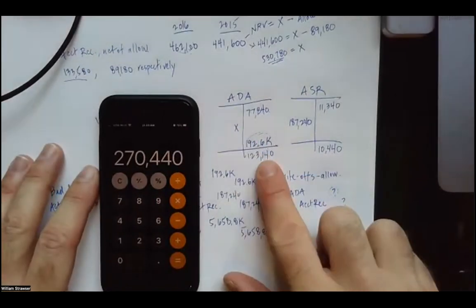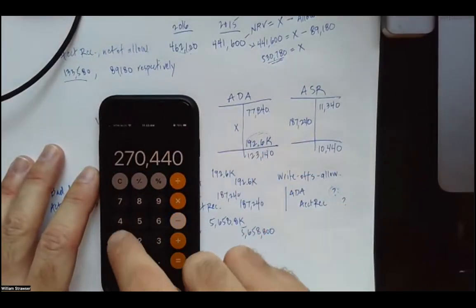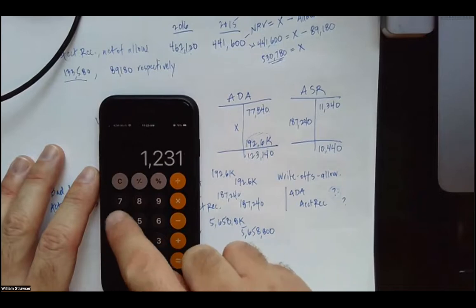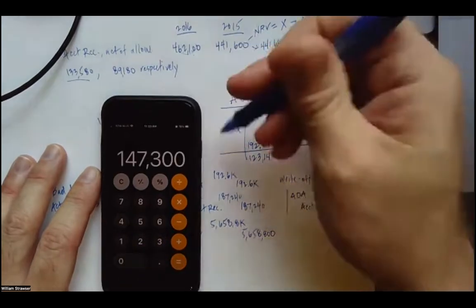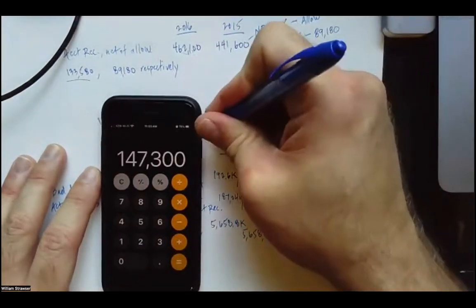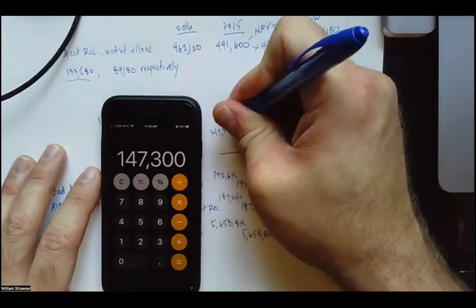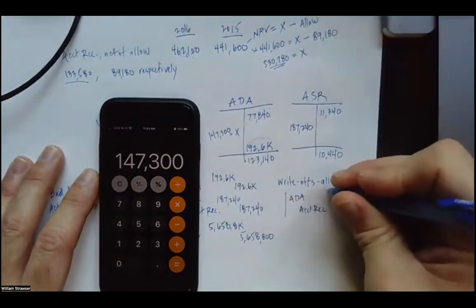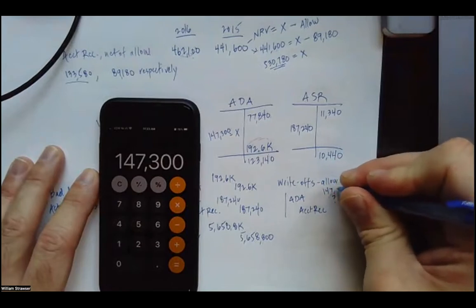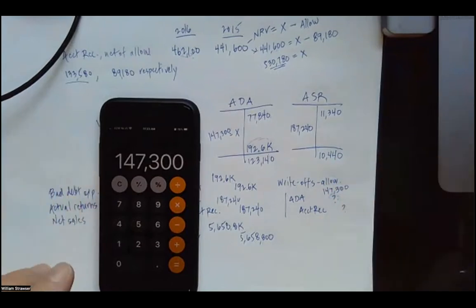And I want it to come down to this number. So in order to do that, I have to reduce it by 147,300. So that must be the amount of write-offs that I had during that year.